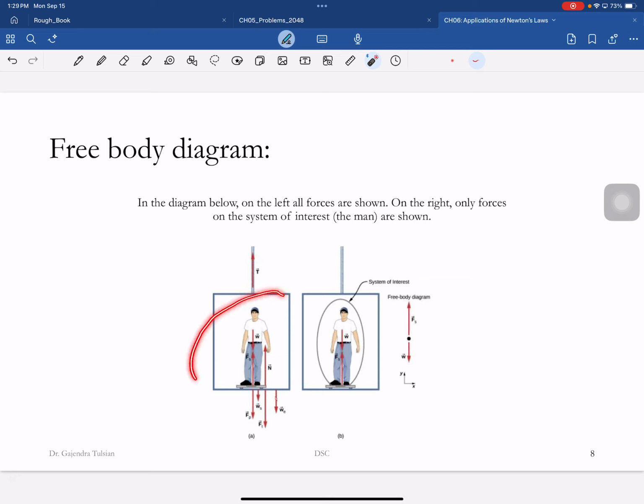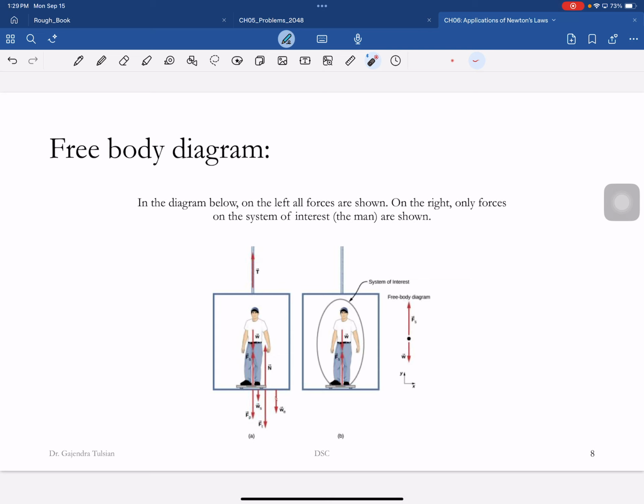Here is this guy riding an elevator. This diagram shows all the forces acting on the object. But if you were interested in just the motion of this guy, you don't care about all those forces. All you care about is what are the forces on this guy.